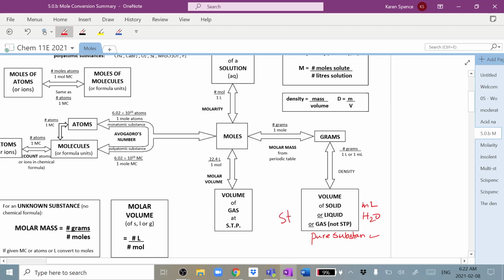This is where we're starting. And then we're going to convert that into grams of water. We are going to convert that into moles of water. And then we are going to convert that into, over here, molecules of water. Okay, so that's going to be a 1, 2, 3-step problem.